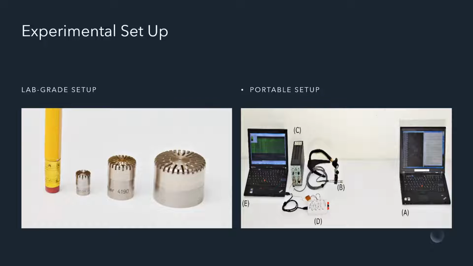The first one on the left-hand side is a lab grade setup. Then we have the portable setup, where we have a computer and a laptop, which we can carry to any place when we need to get these sounds, in case we are the ones trying to crack something.